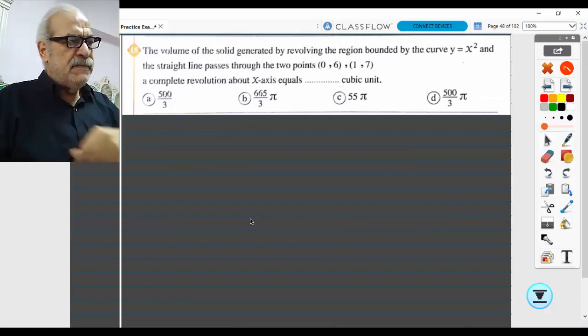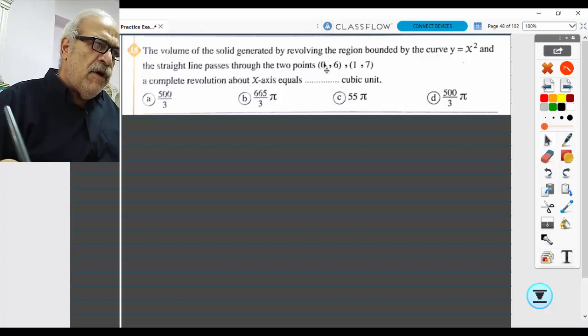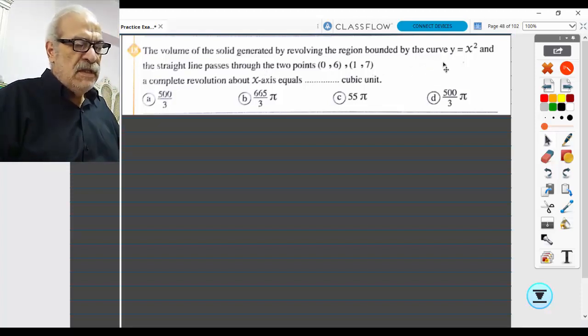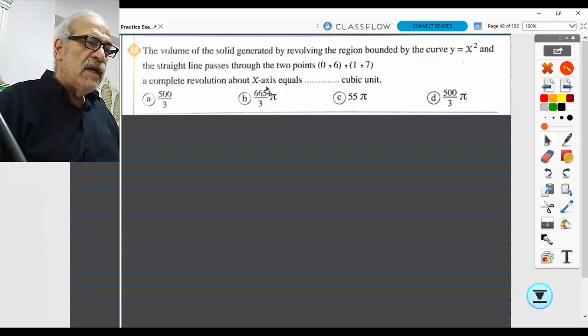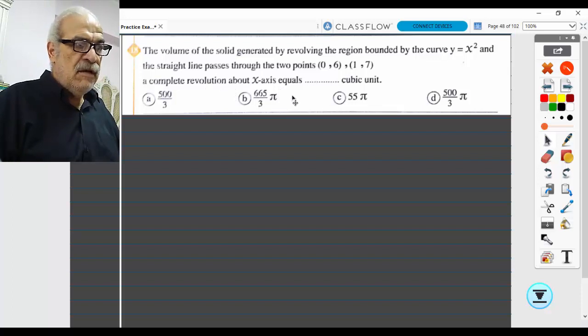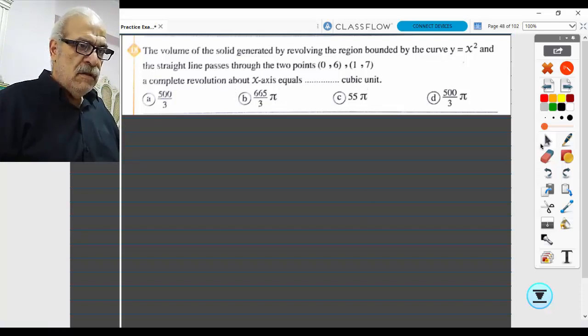Question 18. The volume of the solid generated by revolving the region bounded by the curve y equals x square and the straight line passing through the 2 points (0, 6) and (1, 7), a complete revolution about the x-axis, equals cubic units.